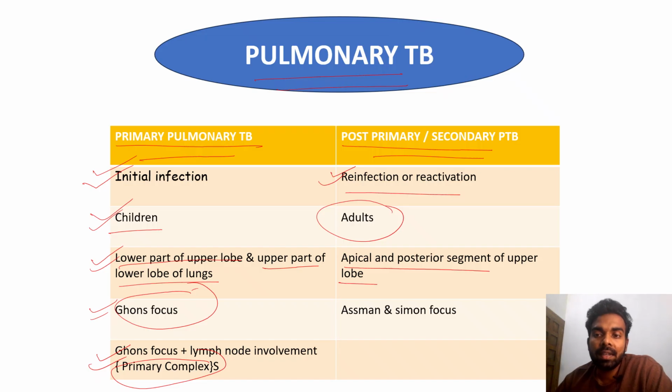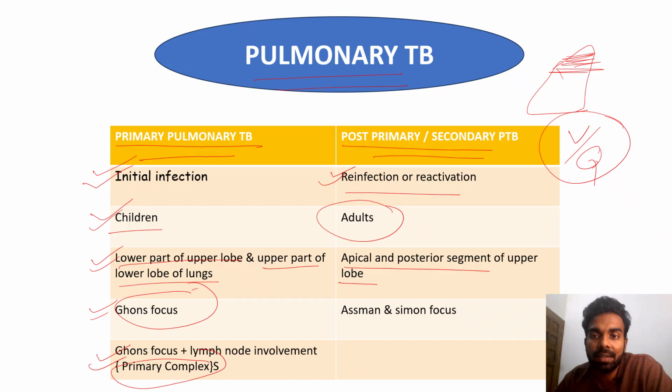Why is that? Because the apical segment of the lobe has the most ventilation, which is why these bacteria get attached there. There is a ventilation perfusion ratio that you study in physiology, and perfusion at the apical lobes is less because of gravity, while ventilation is very high.